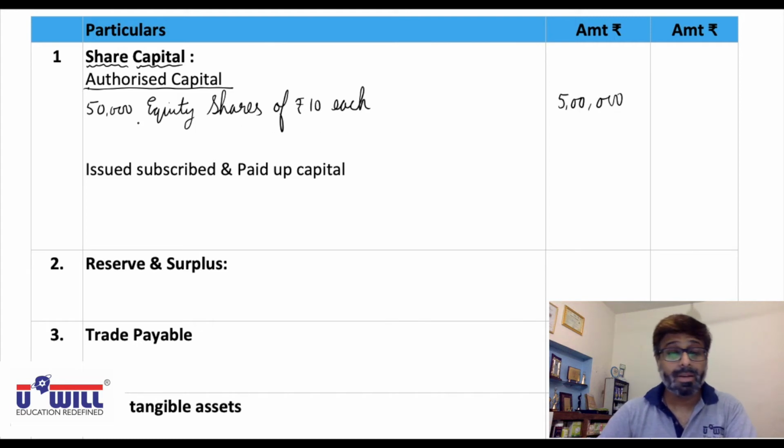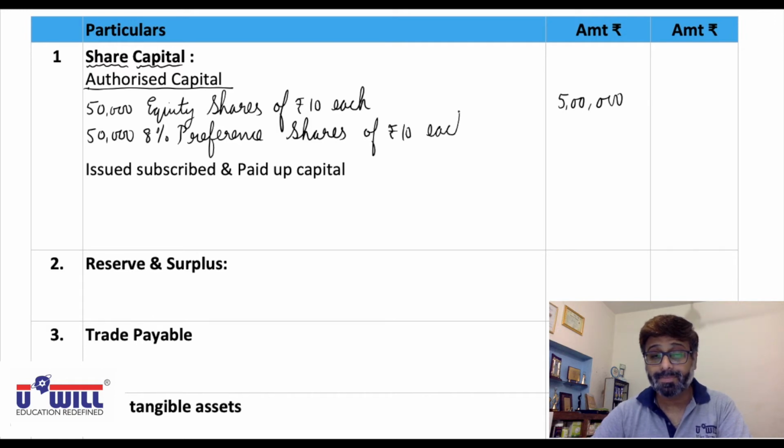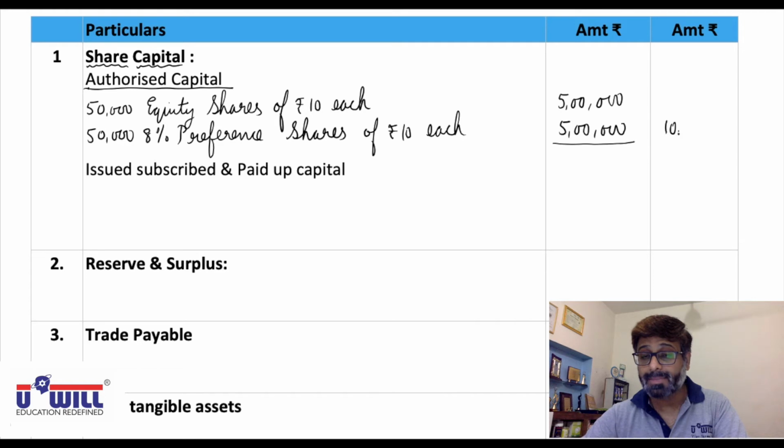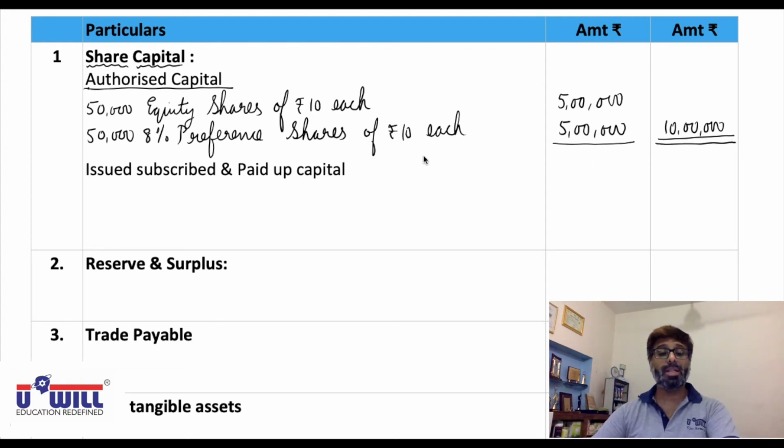And 50,000 8% preference shares of rupees 10 each, that is also 5 lakhs. So total authorized capital is 10 lakhs as given in the question, equally divided between equity and preference, double underline. Authorized capital we always double underline, it is not to be included in the total.